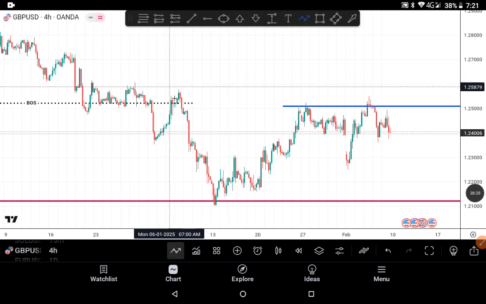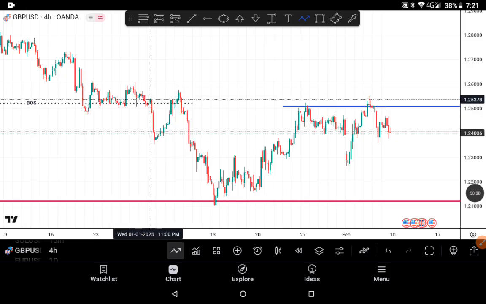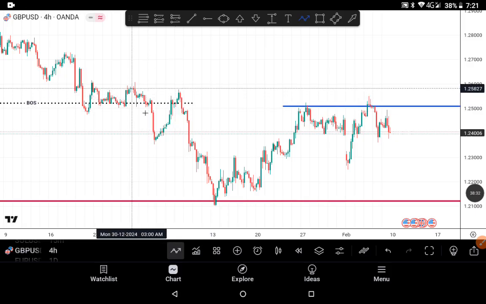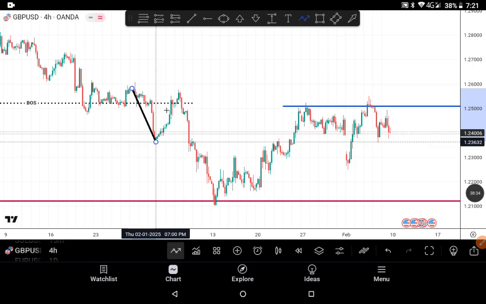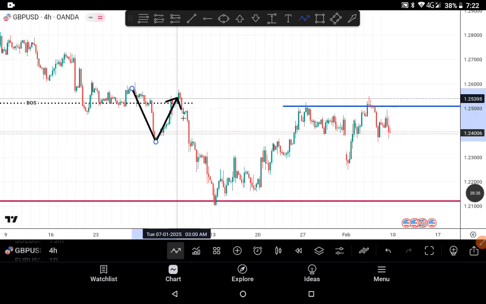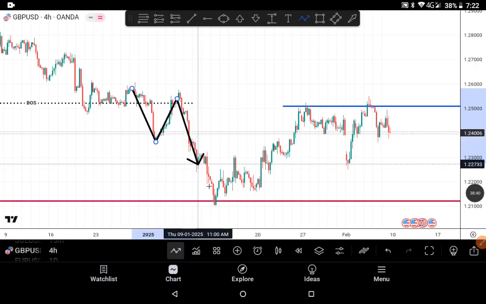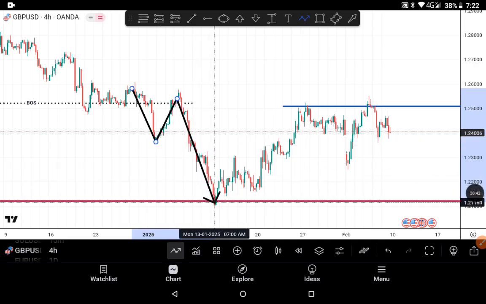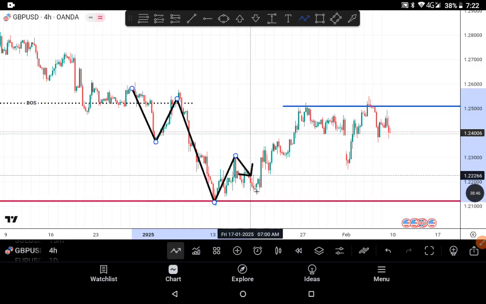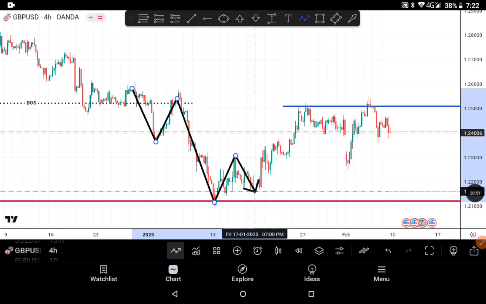Yes, we have. How? The way the market has been traveling, there's a break of structure here. The market broke the structure, moved down, gave us a lower high, and I expected a lower low, but instead it gave us a higher low.